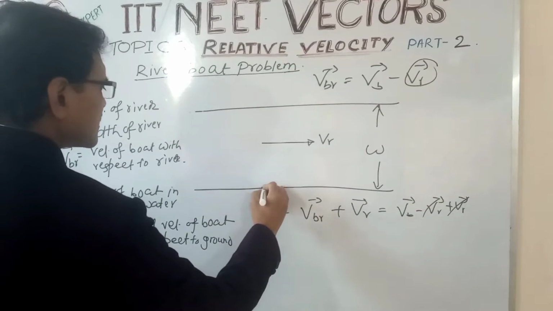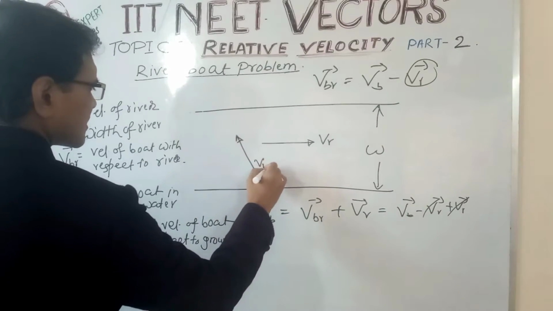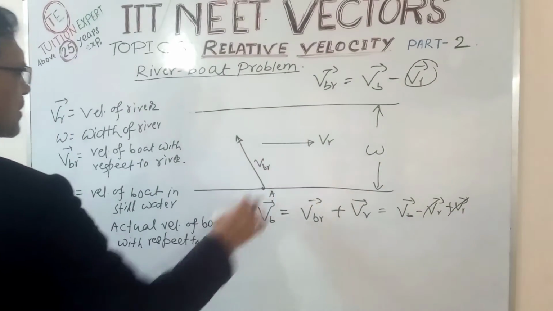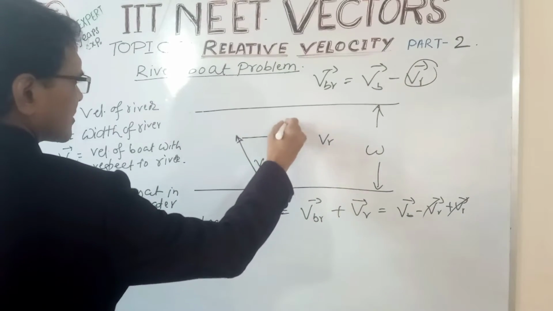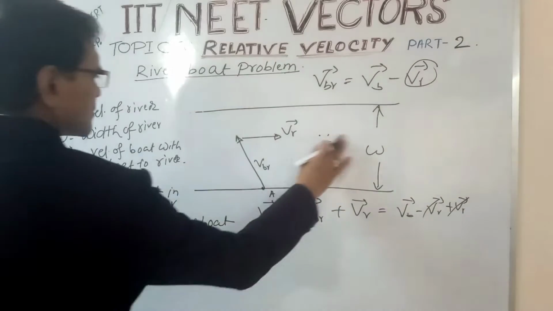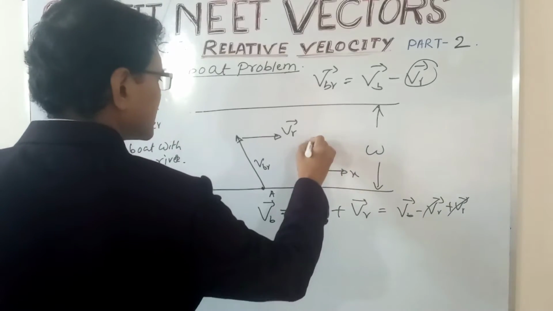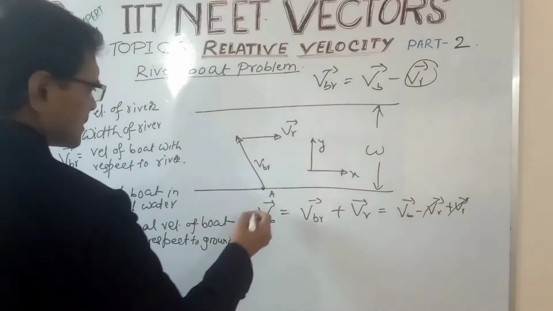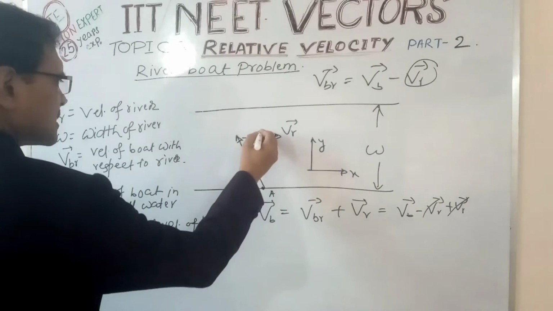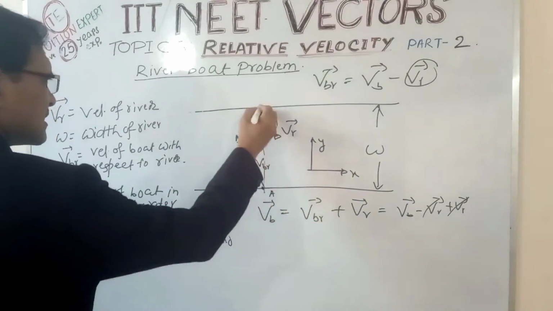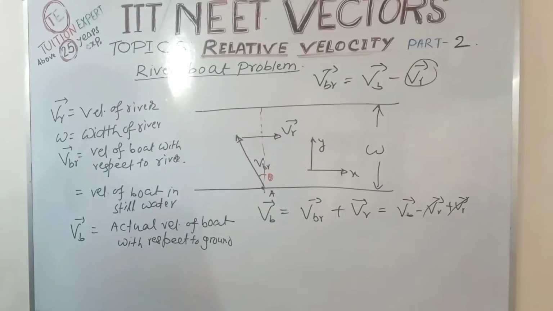Suppose a man, this is VBR, the velocity of boat with respect to river, and this is VR. We take this as X and this as Y. Now suppose this is the vertical line, and this angle is theta.